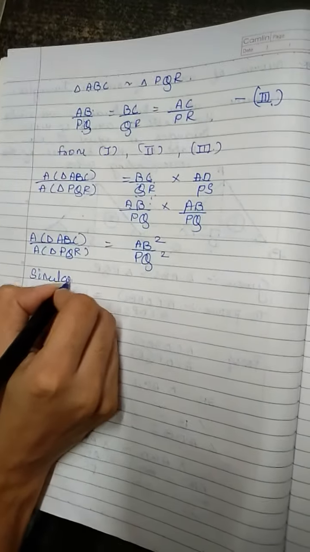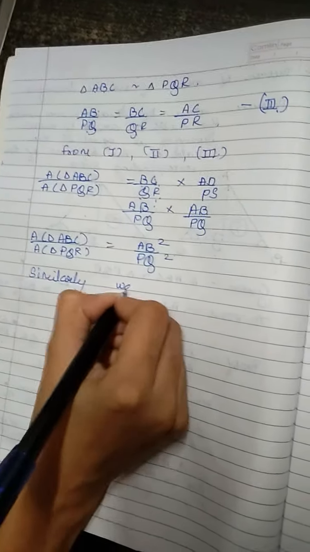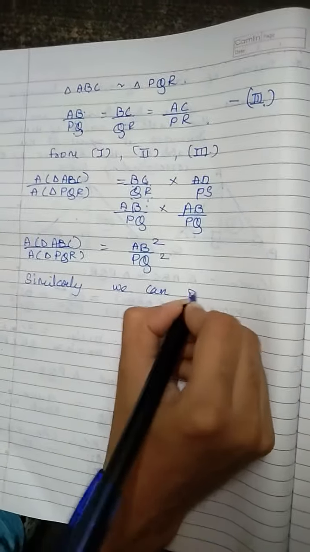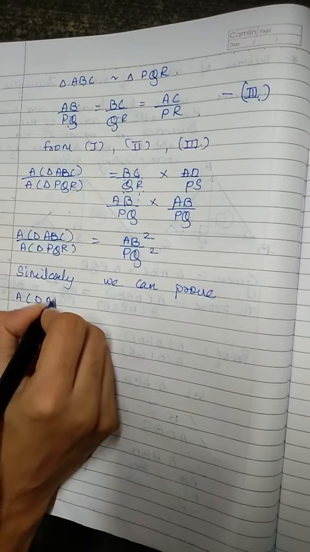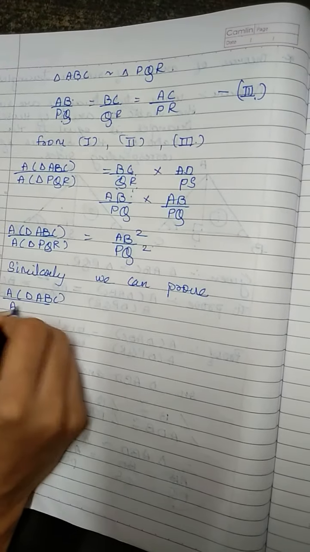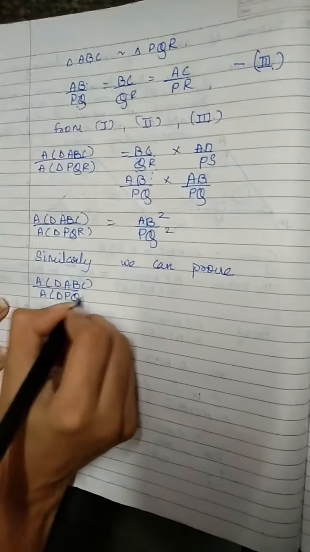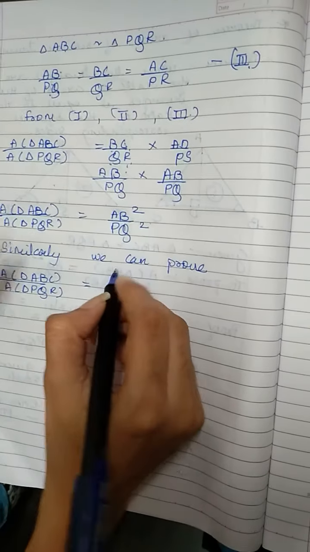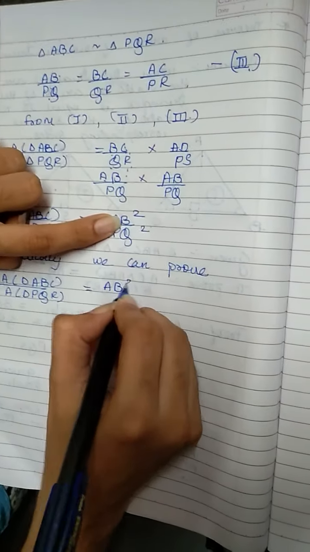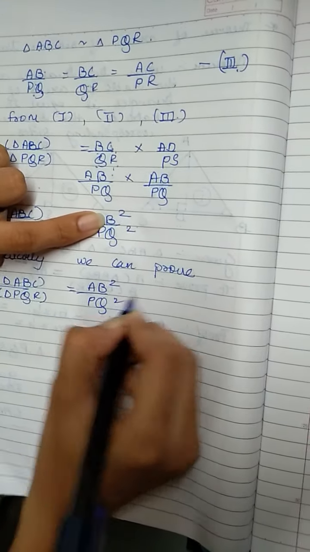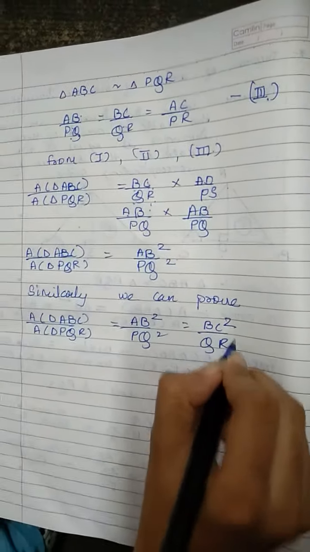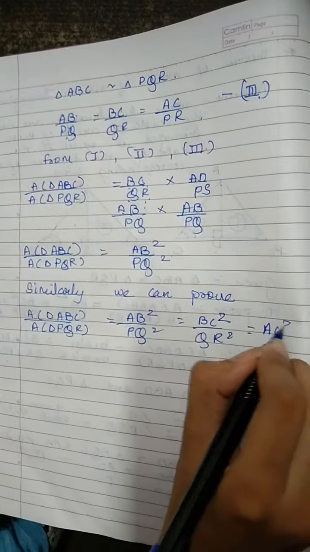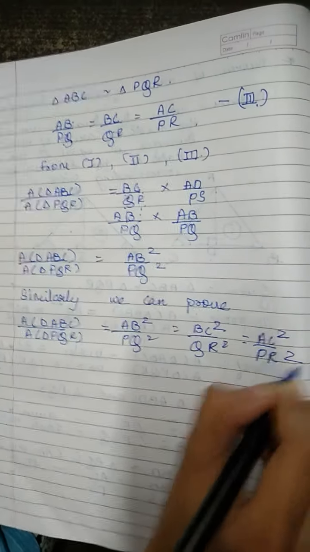Similarly, we can prove area of triangle ABC upon area of triangle PQR is equal to AB square upon PQ square, next part is BC square upon QR square, and third part is AC square upon PR square. Hence proved.